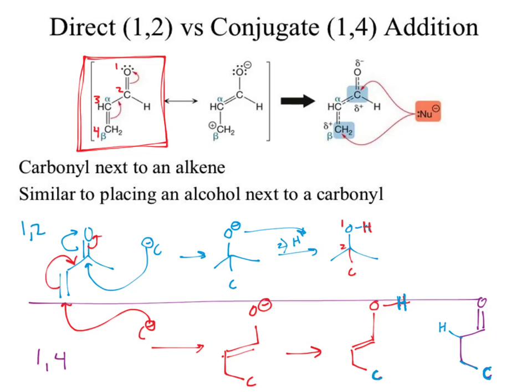1, 4. If I'm correct, 2 comes after 1, 3 comes after 2, and then 4 comes after that. So if I say the carbon attacked position 1, then I would need to go through 2, 3, 4 to see the fourth thing added. And yet, when I look at what's actually provided as the answer, where's the thing added? Appears to be added to the 2 position. Where's the disconnect?